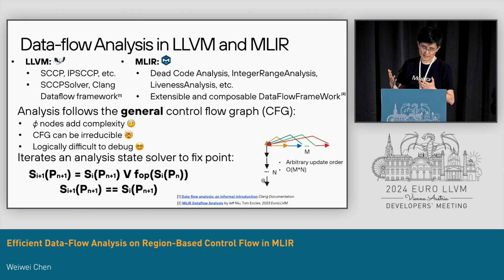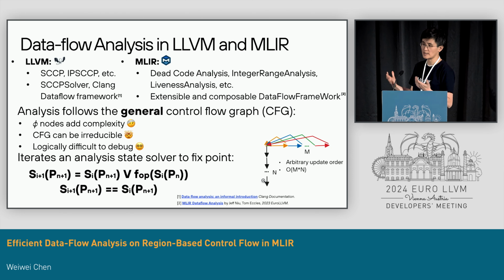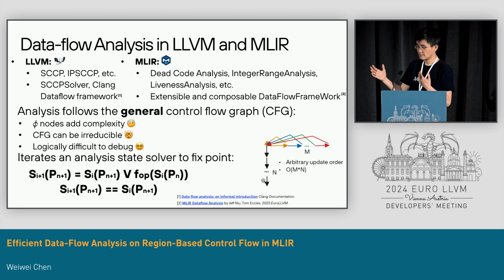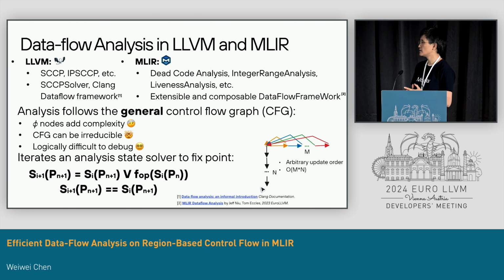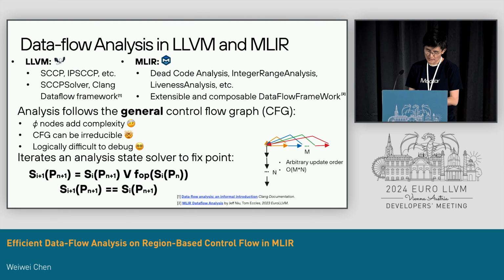So for a solver-based analysis, the update order can be arbitrary because the solver does not really care about the order of the updates. So for this case, if we do one back edge and the tail, and another back edge and the tail, then the complexity is going to be quadratic. So it can be quite expensive.